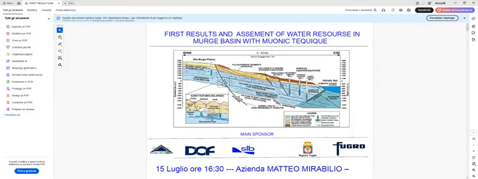The first part is the Alta Murgia Plateau. You drop the level of piezometric aquifer around 200 meters.